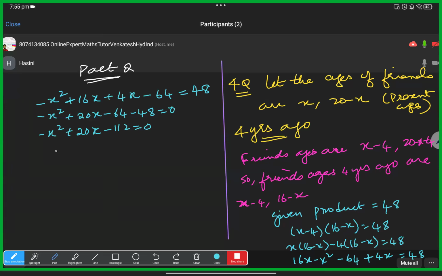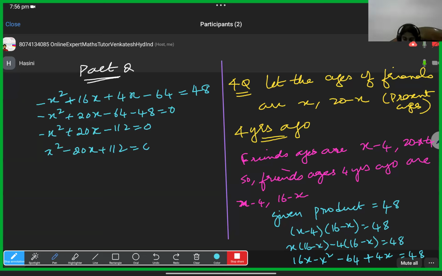Overall we will multiply by minus, because if the x square coefficient is plus, it will become easy for us. Now I multiplied overall with minus, so the other term signs will change. So 112 means, Hasmi, 16 sevens are 112.